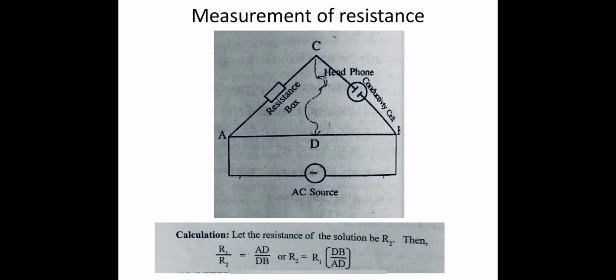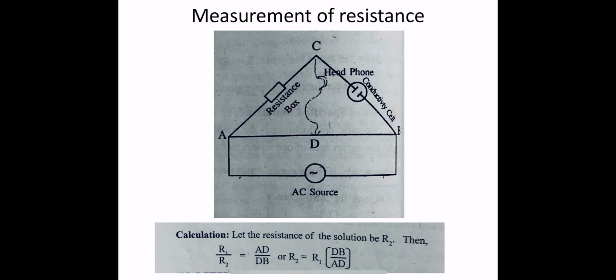So what is the procedure? A conductivity cell is rinsed with the solution whose resistance is required, the solution in which we have to determine the resistance, that means how much it will not allow the electricity to pass through it.